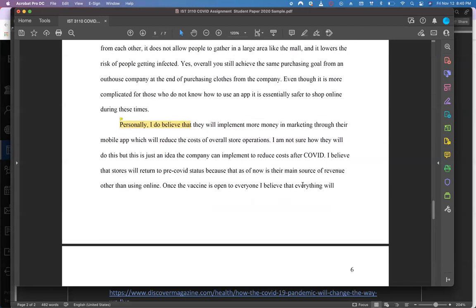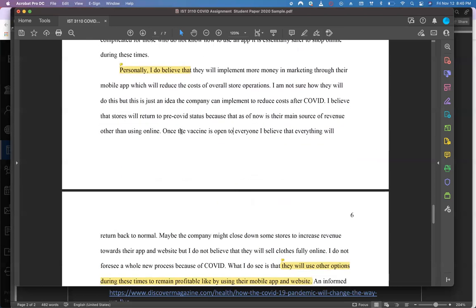So he understood everything that we talked about in the class. He was able to write the paper, and then he was able to provide me his own personal beliefs, which is perfect. And he continues to say, you know, I am not sure how they're going to do this. I believe the stores will do this. Obviously this is right before the vaccines.